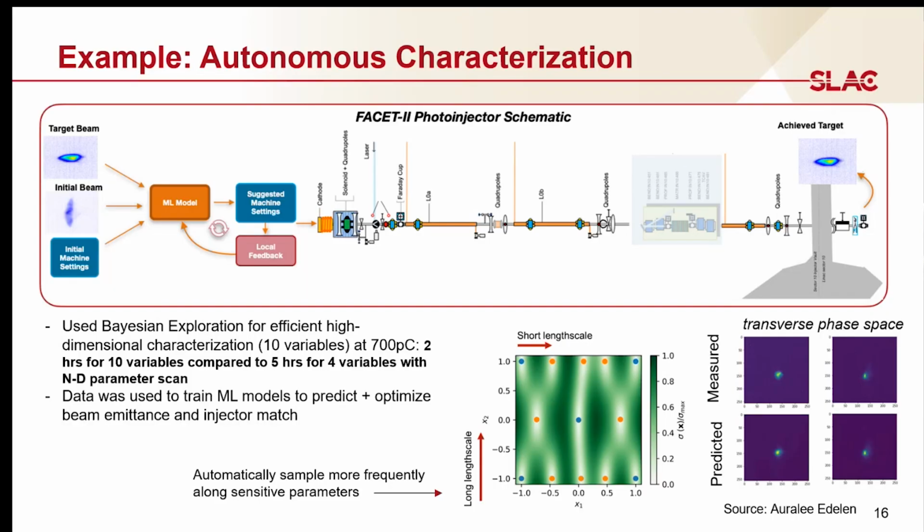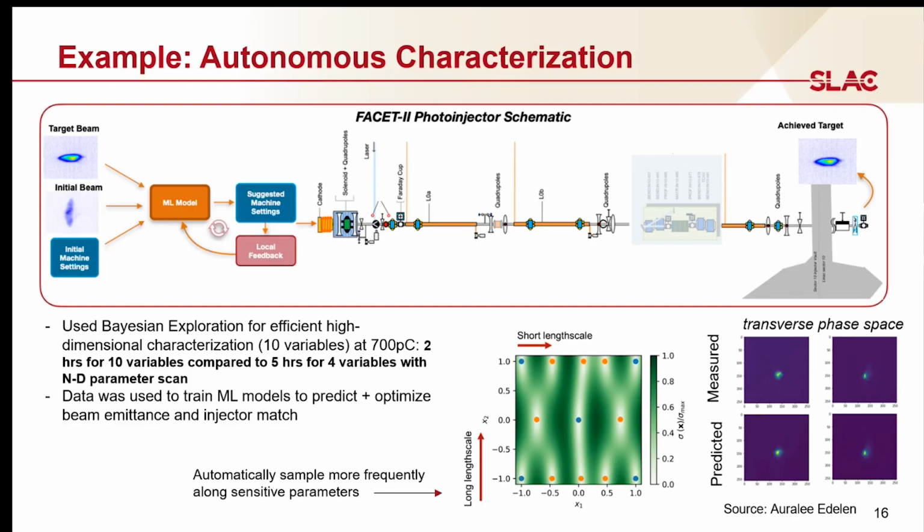Usually how this is done by human operators is they will take each individual parameter and do a manual mesh scan, which of course does not scale very well to higher dimensions. If we consider going to maybe 4 or 10 dimensions, the number of points that we need to measure scales exponentially with the number of dimensions.